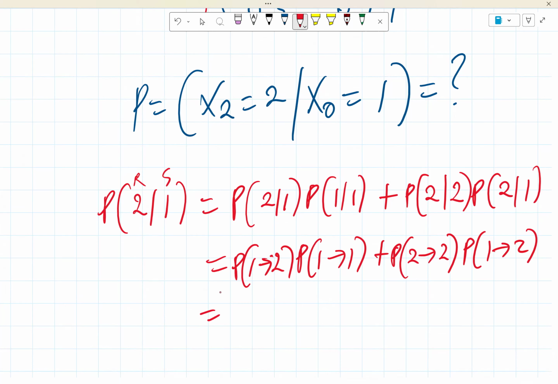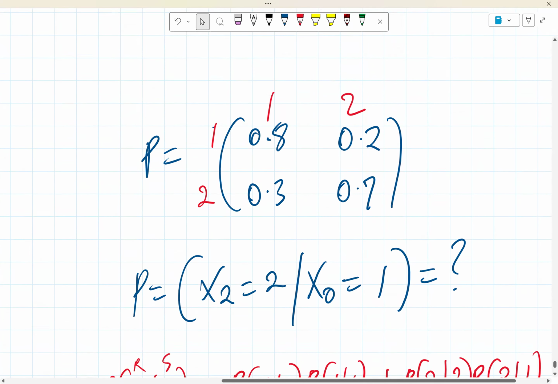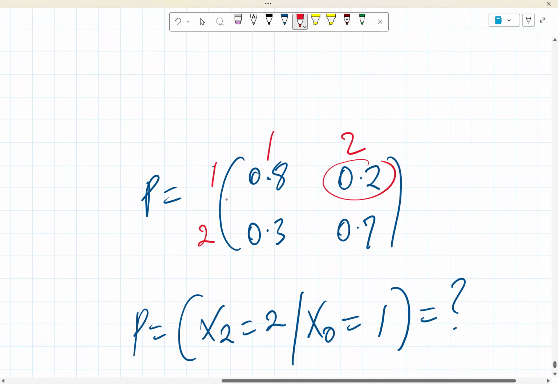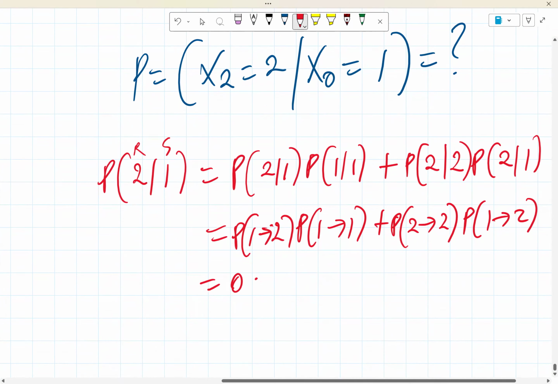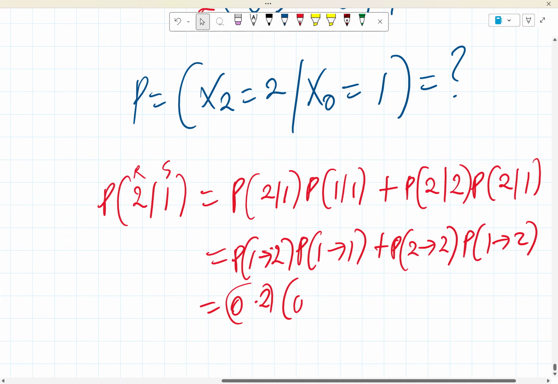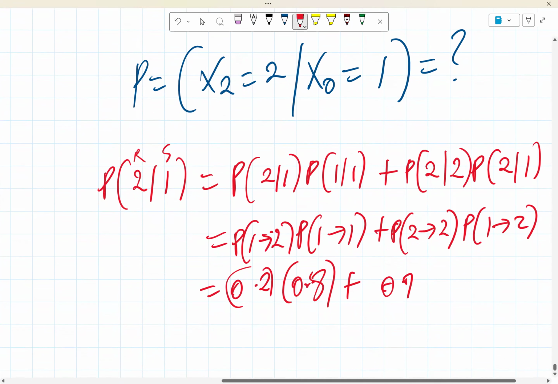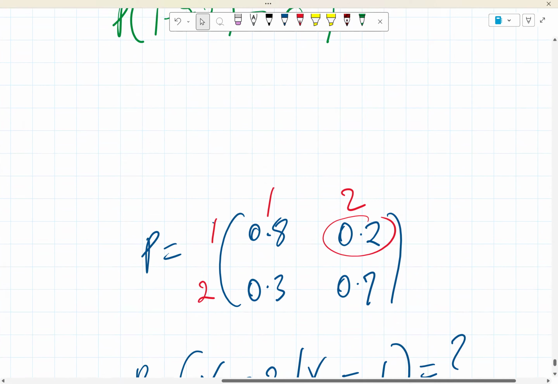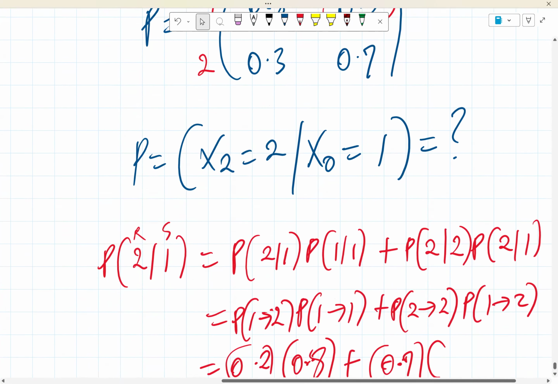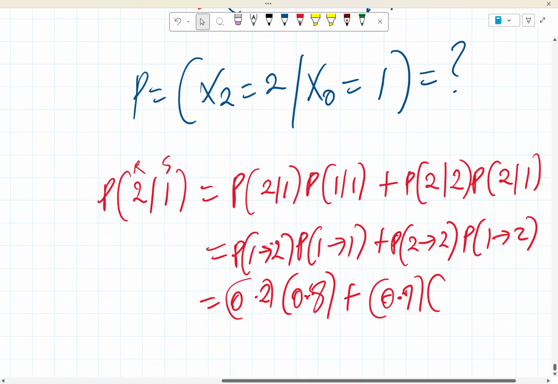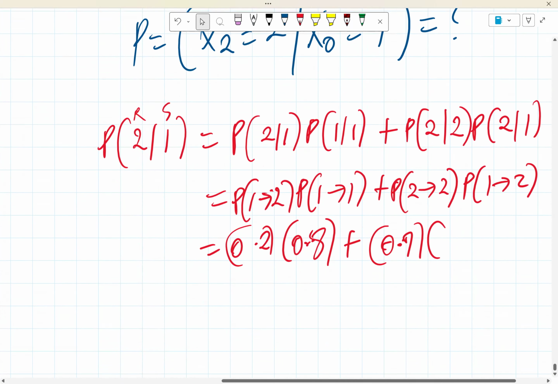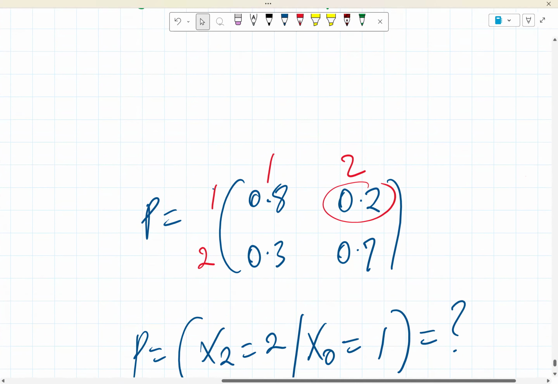So then we can get everything together. So P12, this is P12 right here, that's 0.2, multiplied by P11, 0.8, plus P22, P22 is 0.7, and P21. Oh, okay.